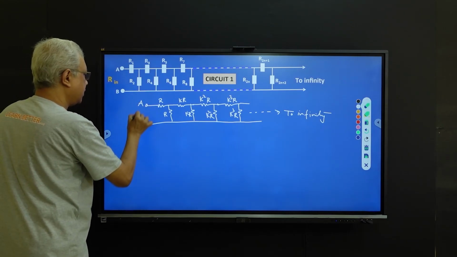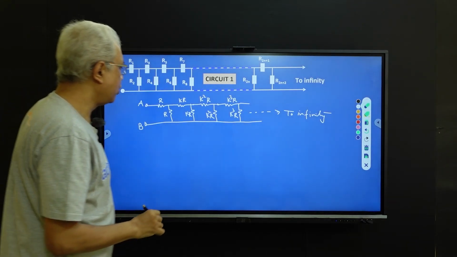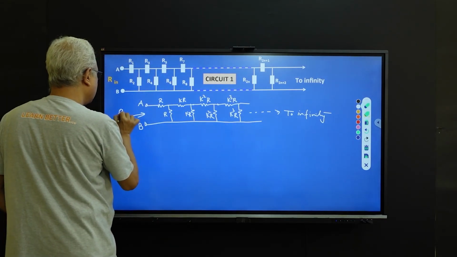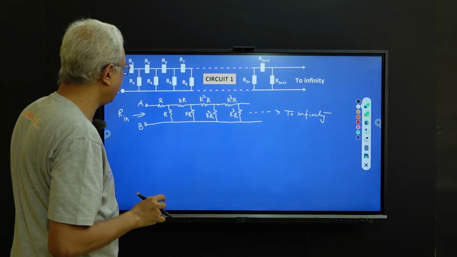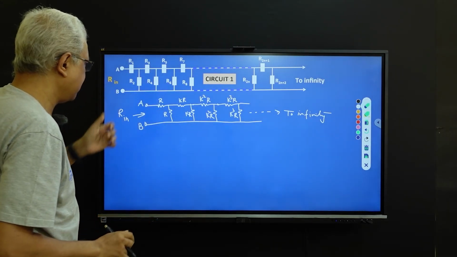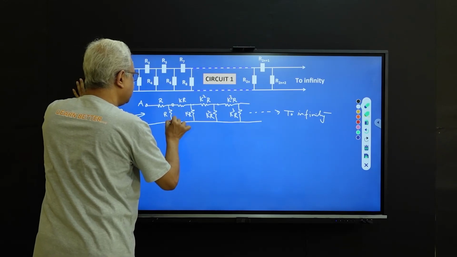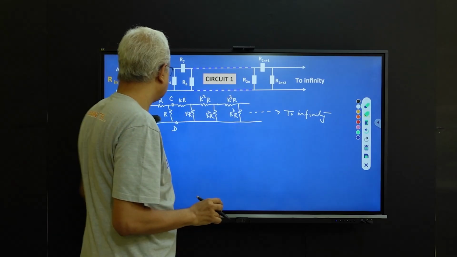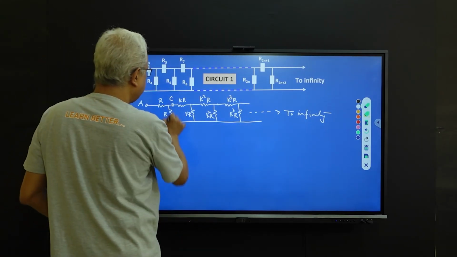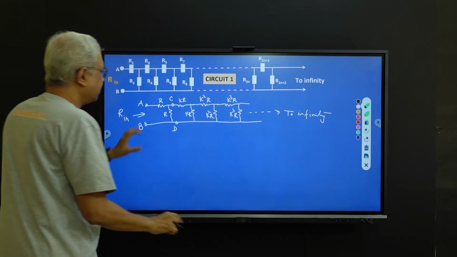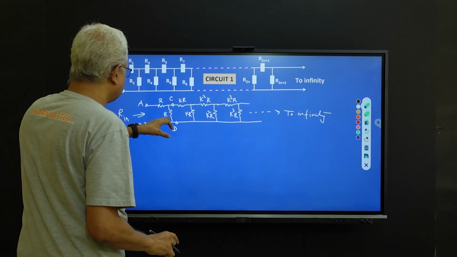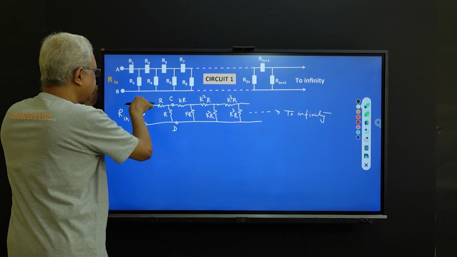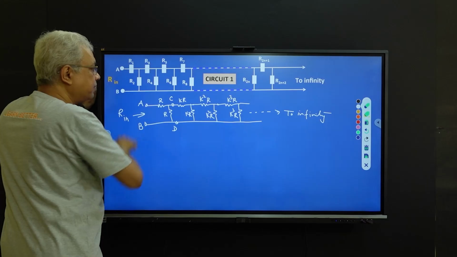Okay, this is A. So, what is the value of R in, which is the equivalent resistance between points A and B in this circuit? Now, take these 2 points C and D. If we look at CD, you can think between C and D there is an infinite ladder whose resistances are actually K times that in the circuit with input A and B.